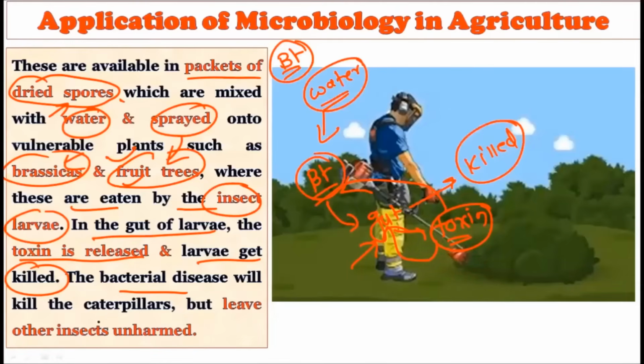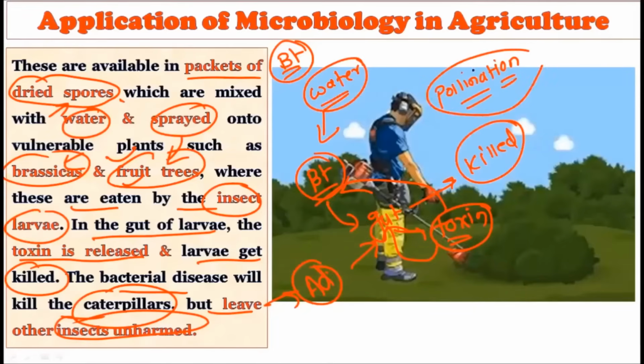Now see, the bacterial disease will kill the caterpillars but leave other insects unharmed. This is the advantage of using Bacillus thuringiensis: it will kill only the caterpillars, not the other insects which are helpful in pollination. As you know, pollination is the transfer of pollen grains from anther to the stigma, and this pollination is absolutely required for the creation of fruits.